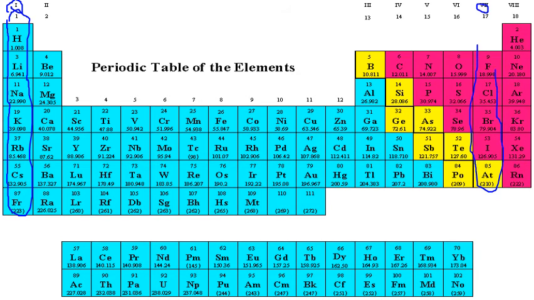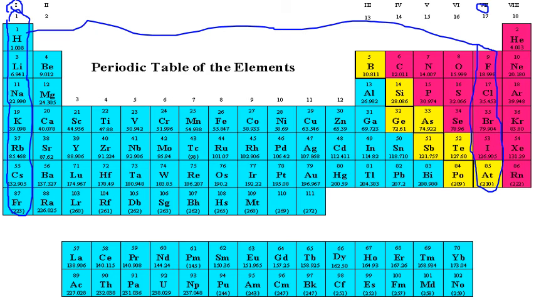So this is why we call the halogens salt formers, because they tend to want to bond with these guys over here and form salts. And when that happens, the alkali metals on the left are going to give an electron to the halogens on the right, and they're going to tend to form ionic bonds.